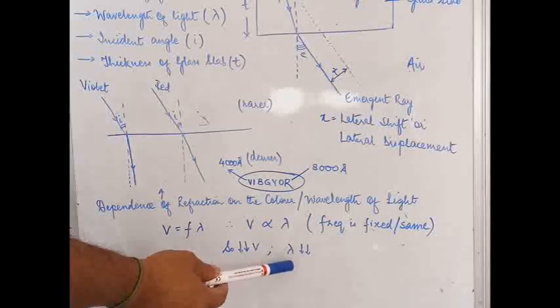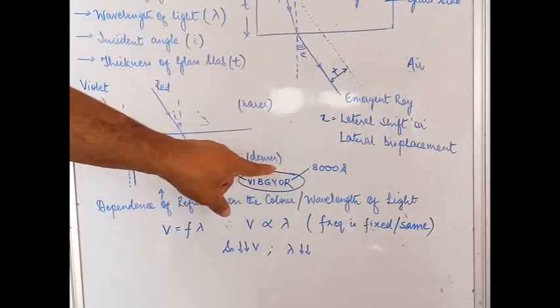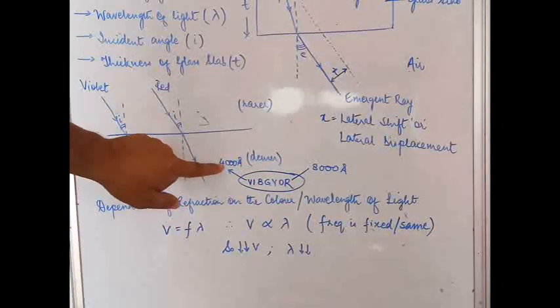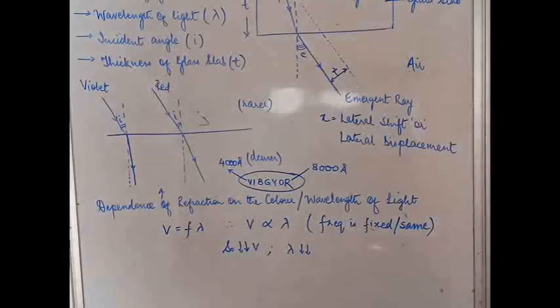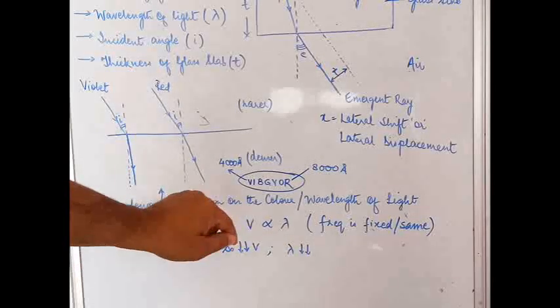So what will happen if we move towards the left hand side in the color band? If we start moving towards the left hand side, you see the lambda value is decreasing, and it is in fact the least for the violet color. If lambda is decreasing, obviously v will also decrease.